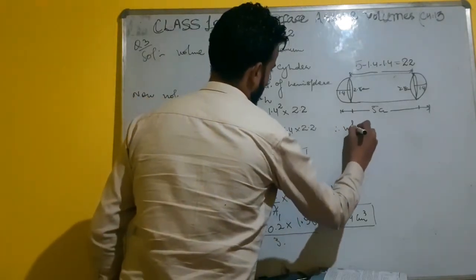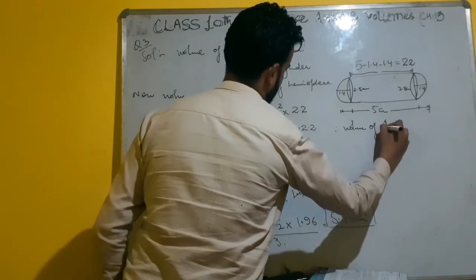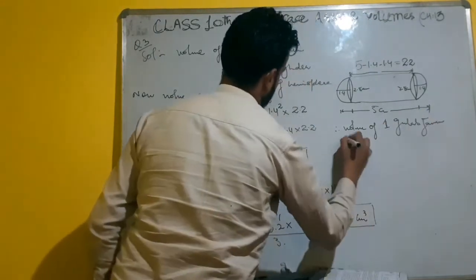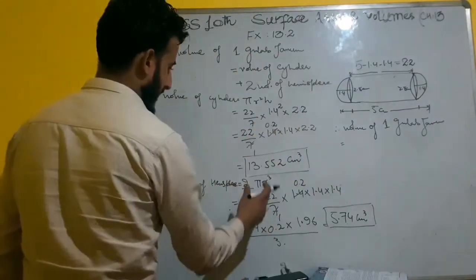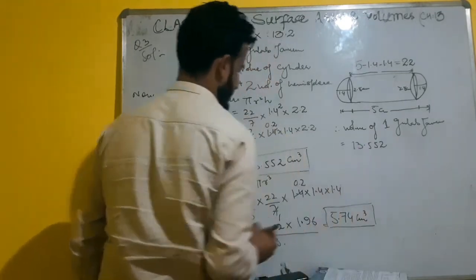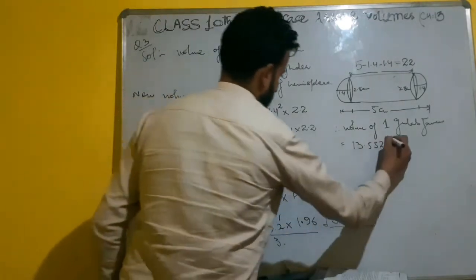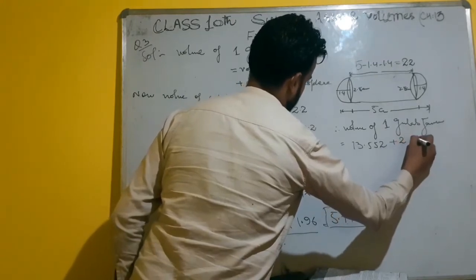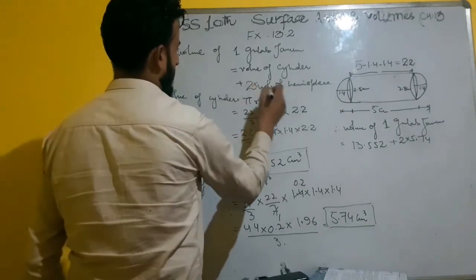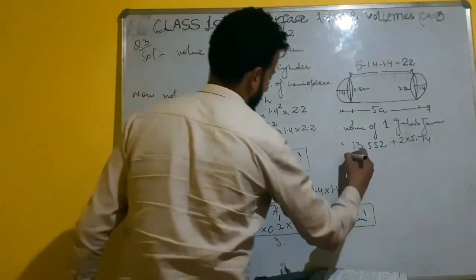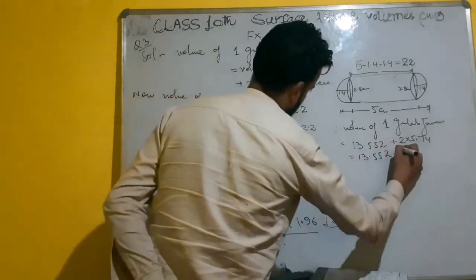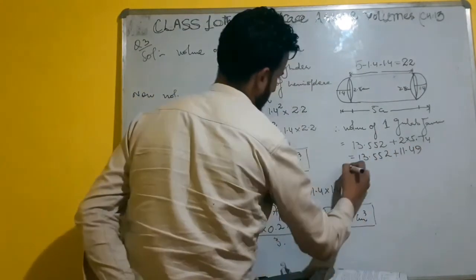Therefore, volume of one gulab jamun, we will find first for one, that is equal to volume of the cylinder, and volume of the cylinder is here 13.552 plus 2 times 5.74, 2 times volume of the hemisphere, that is 2 into 5.74, that will become 13.552 plus 11.49.